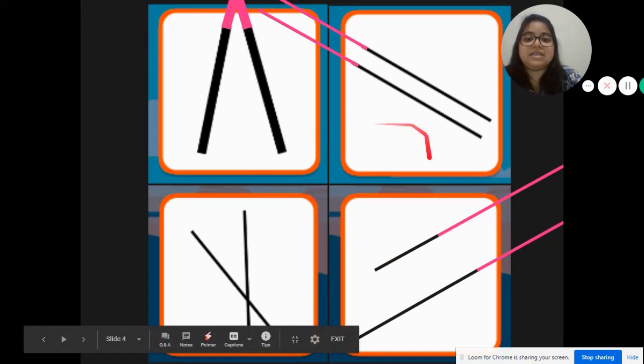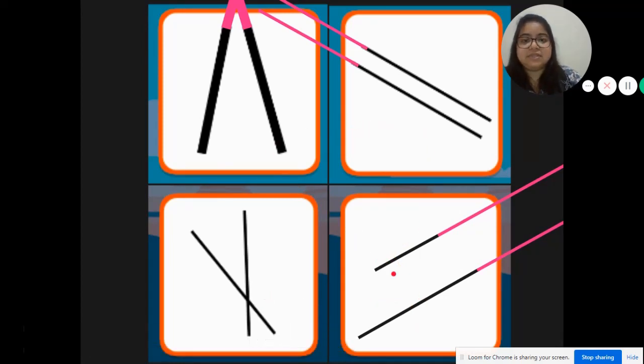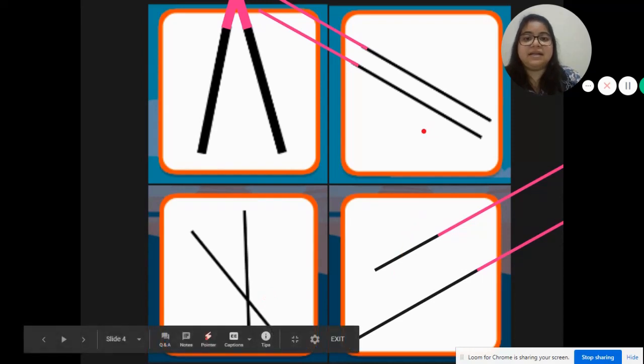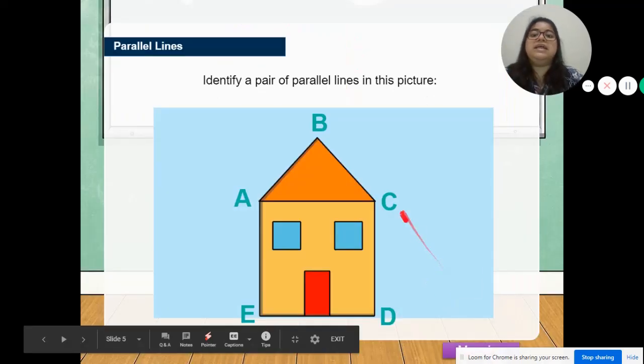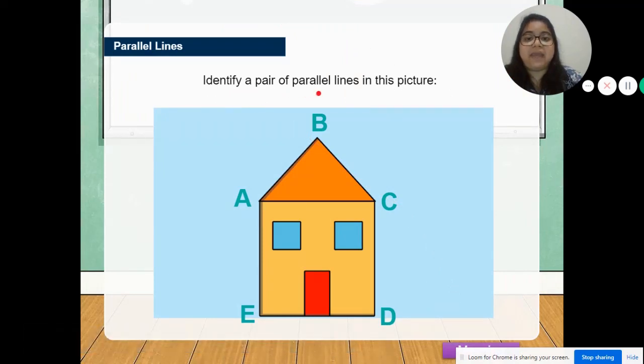So among these four sets of lines, we have parallel lines only in this set and this set. Okay, now let's go ahead. Now let's identify a pair of parallel lines in the picture. Okay, so you either call it a set of lines or you call it parallel lines.